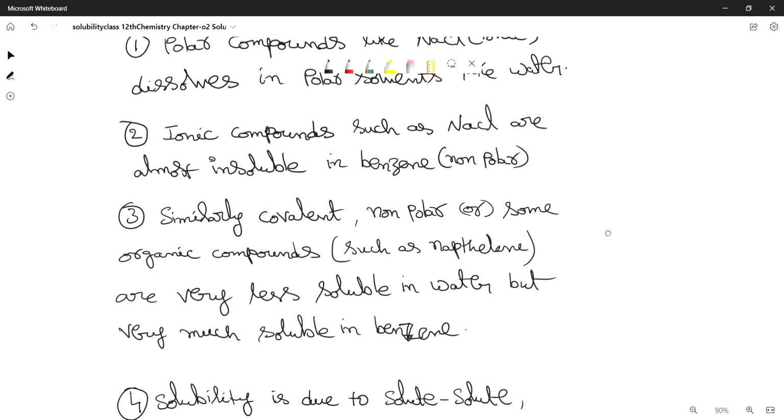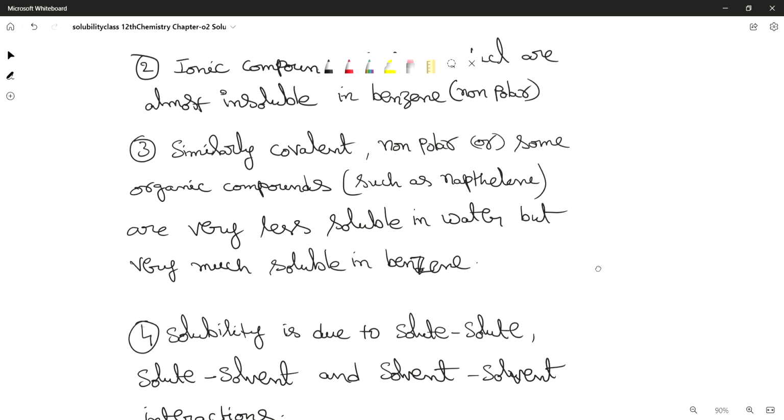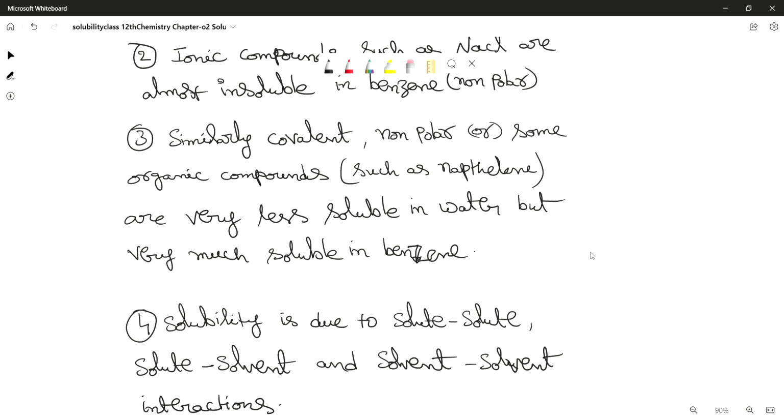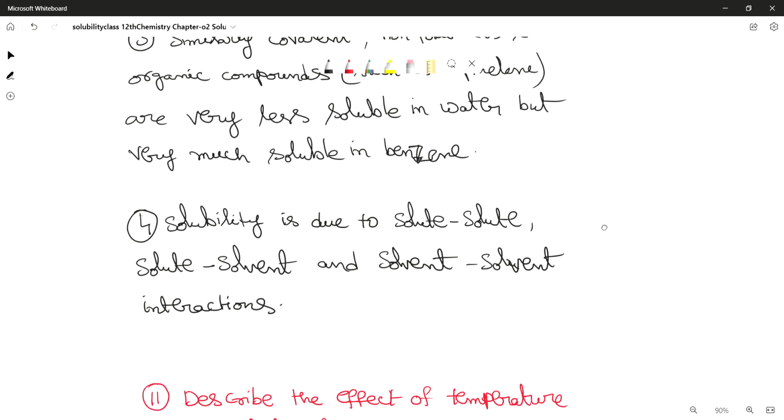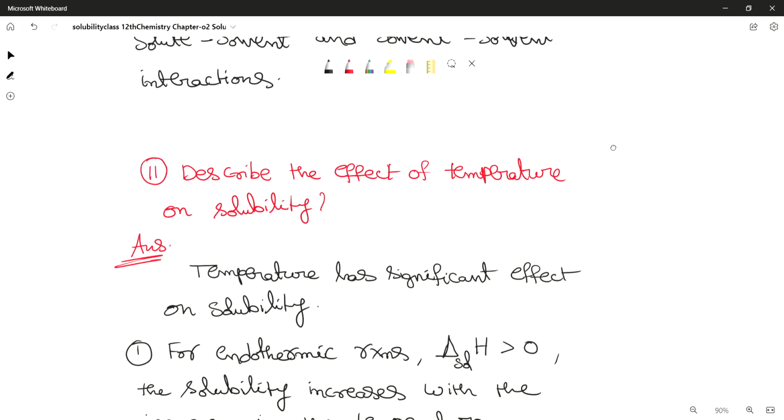A polar molecule will not dissolve in non-polar solvents. Similarly, covalent and non-polar organic compounds such as naphthalene are very less soluble in water but very much soluble in benzene. Solubility is due to solute-solvent and solvent-solvent interactions.